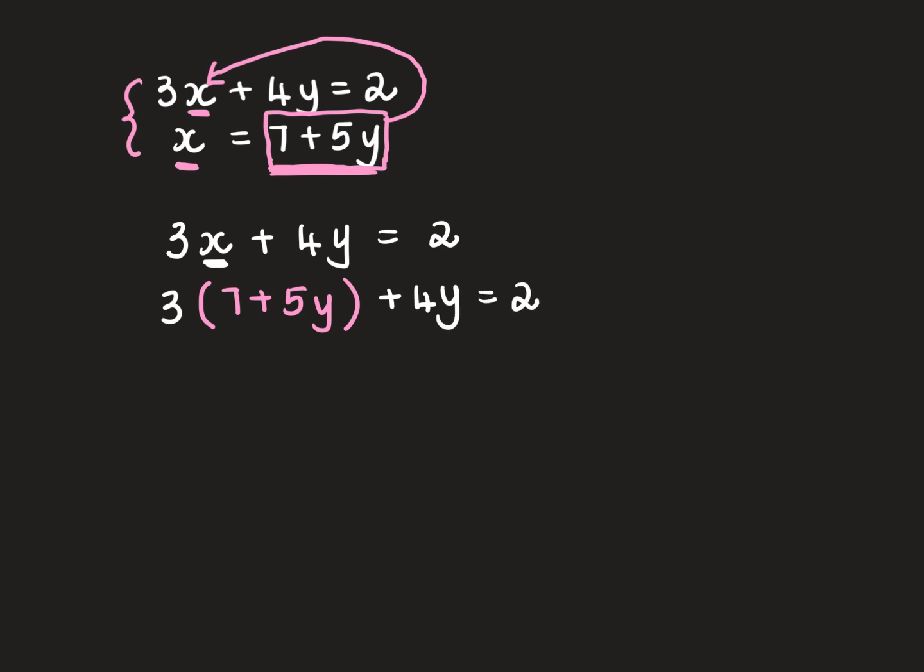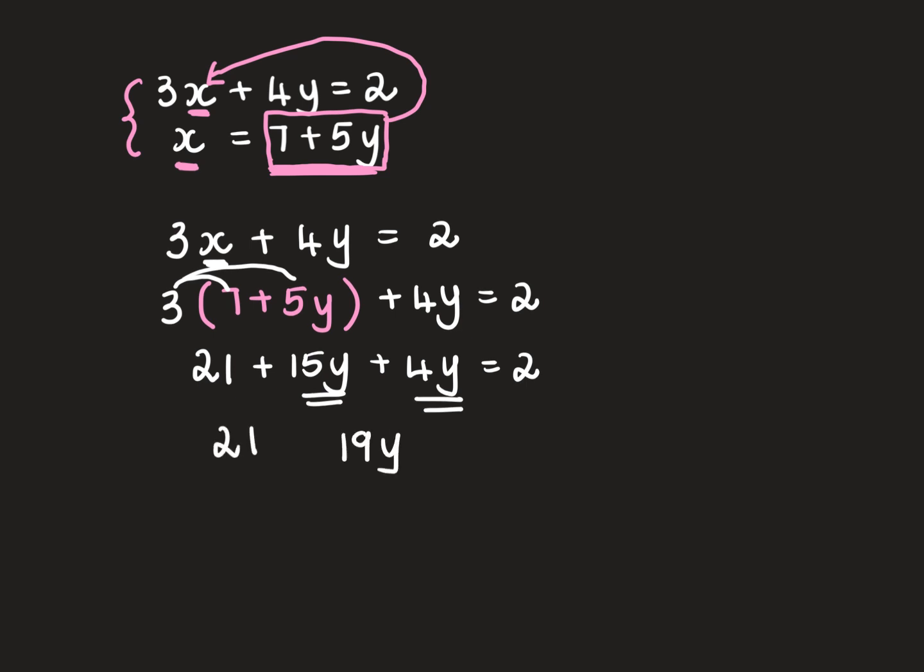The next thing I need to do is expand out these brackets. 3 lots of 7 plus 3 lots of 5y plus 4y equals 2. Next I can collect like terms. 15y plus 4y will make 19y, and I've still got my 21 here. 21 plus 19y is equal to 2.